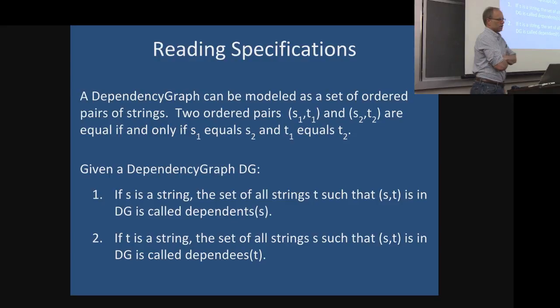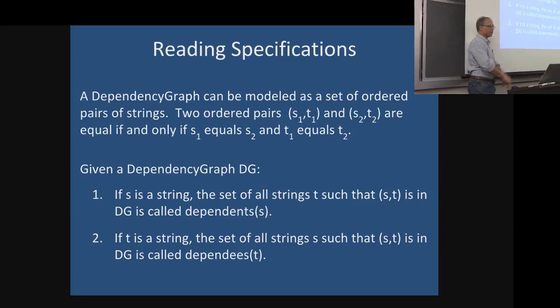And then it says, a couple more definitions. Given a dependency graph, DG, if S is a string, the set of all strings T such that the ordered pair ST is in DG is called the dependents of S. And if T is a string, the set of all strings S such that ST is in the graph are called the dependees of T. So that's defining dependents and dependees.